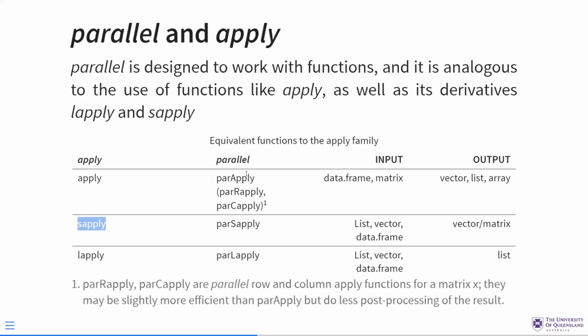If you need to apply a function to rows and columns, you have parRapply or parCapply. It's more or less the same as parApply, but it will do a bit less post-processing, so it's a little bit faster. That's the only advantage.